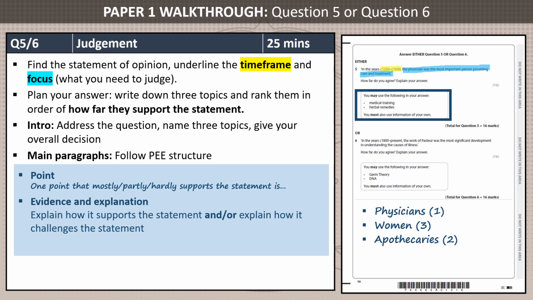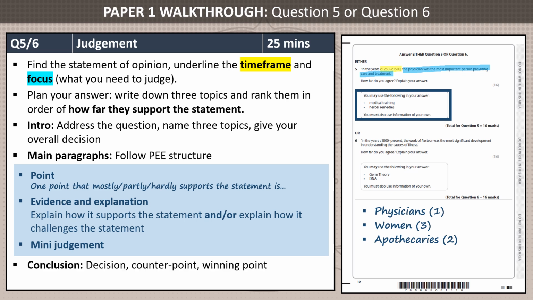Then give your evidence and explain either how it supports the statement or how it challenges the statement, or you could explain both sides, getting a bit of debate in your paragraph between for and against. At the end of your paragraph, say what your decision is in this area. Now repeat this structure for each of your 3 main paragraphs.